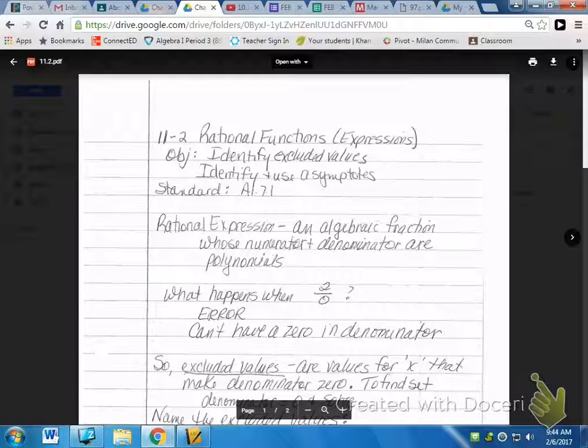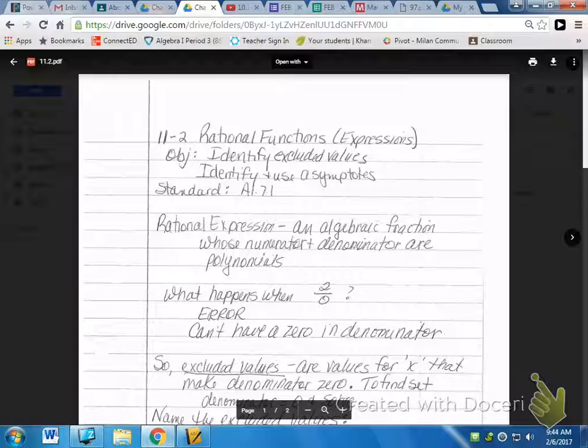And you can never have a 0 in a denominator. Last week we talked about assuming that no variable equals 0. Do you remember me talking about that? When we were doing all those problems, you could assume that no variable was 0, because if they were 0, there couldn't have been a problem. It would have been impossible to solve.